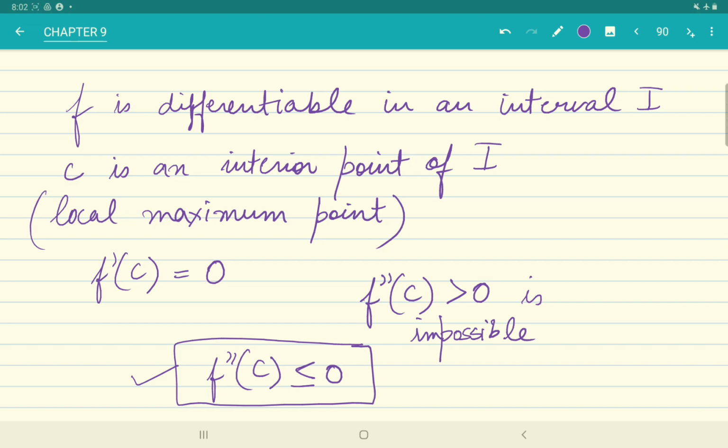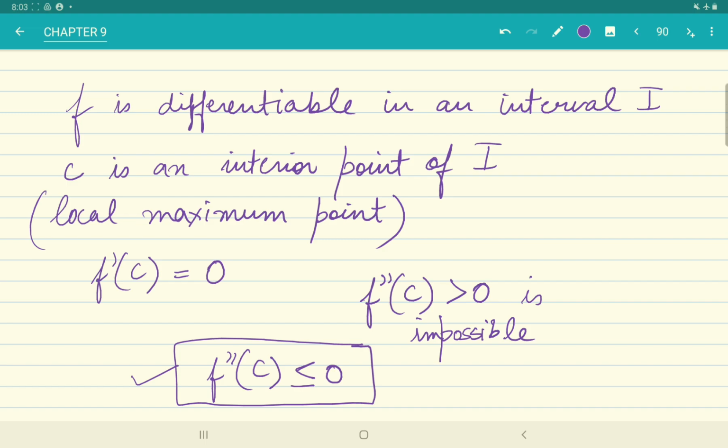Also, I know that f double prime c greater than 0 is just not possible, because if that is the case, c would have been a strict local minimum point, and that's surely not the case, because we are given in the beginning that c is a local maximum point. Then what are we left with? We are left with f double prime c less than or equal to 0. So f double prime c less than or equal to 0 is a necessary condition for c to be a local maximum point for f.